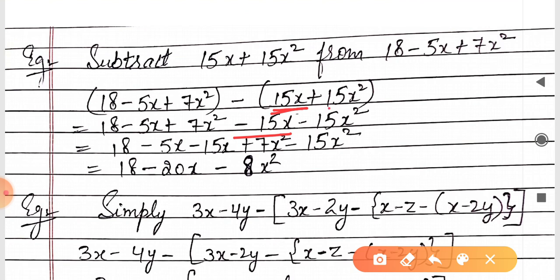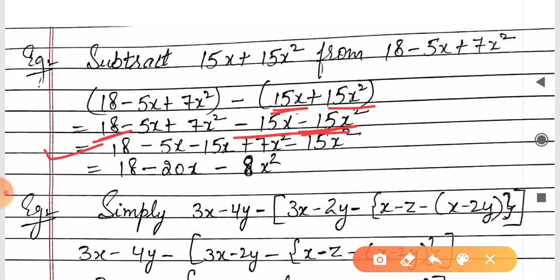And 15x square also has a positive sign, so it will be changed into a negative sign. So it will be written as minus 15x square. And in the next step we will combine the like terms.